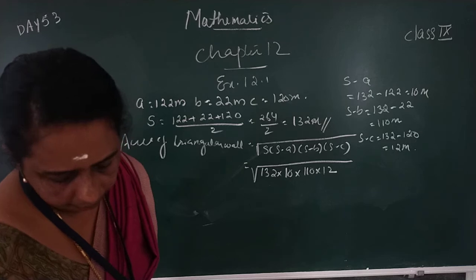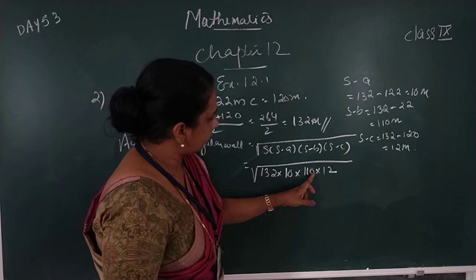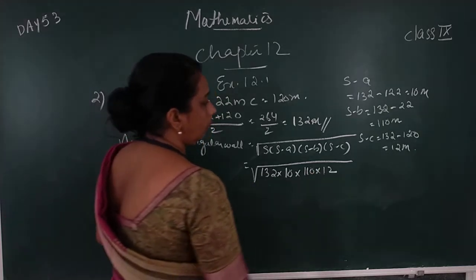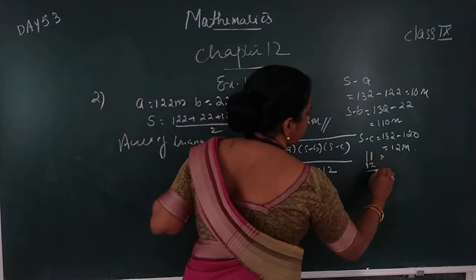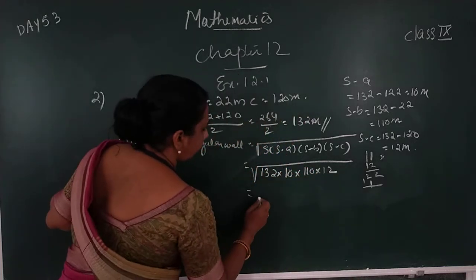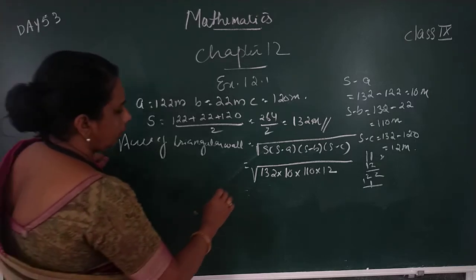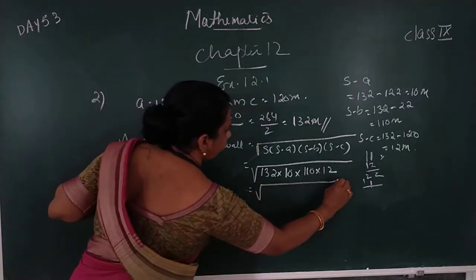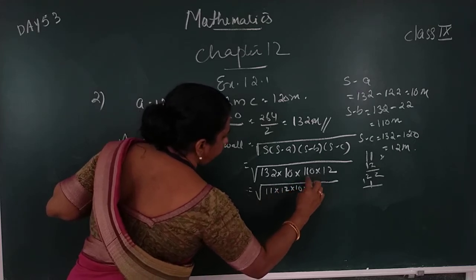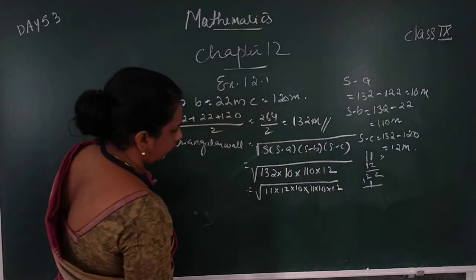Okay, here we get 132, then 10, 110, 12. 132, you know, is 11 into 12. I am writing, can you see? Here I am writing root of 11 into 12 into 10, 110 is 11 into 10, into 12.